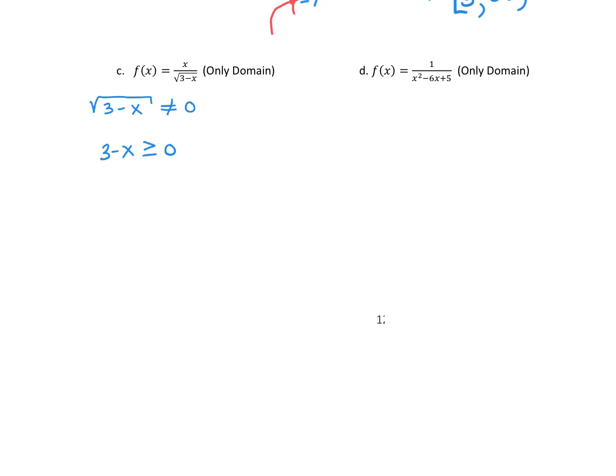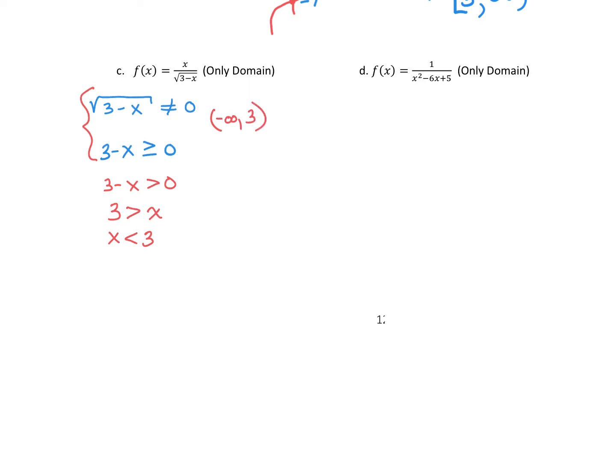So we really can just combine these two here and say that 3 minus x has to be greater than 0. Can't be equal to 0 because that would make the denominator 0. So we get 3 is greater than x, or if we flip that around, x is less than 3. So our domain is going to be -infinity up to 3.